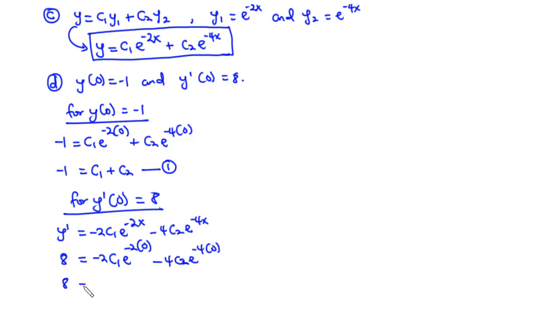So we have 8 equals, this goes to 0, so we have negative 2 C1 minus, this also goes to 0, so negative 4 C2. We can divide through by 2 so that we have 4 equals negative C1 minus 2 C2. Let's call this equation 2.